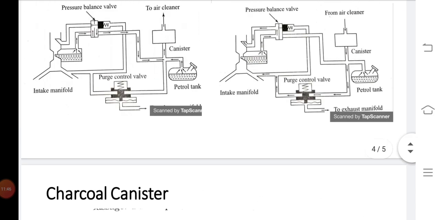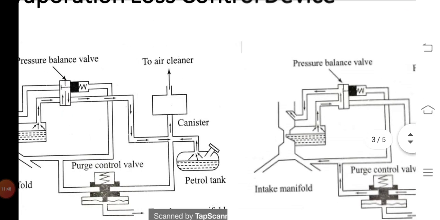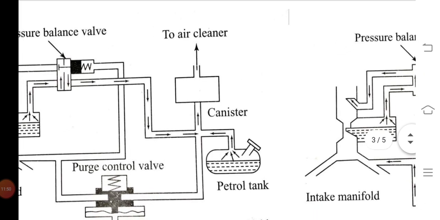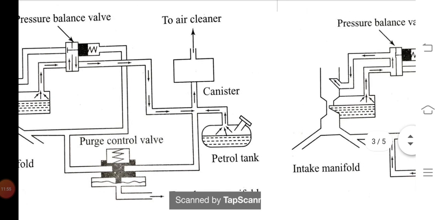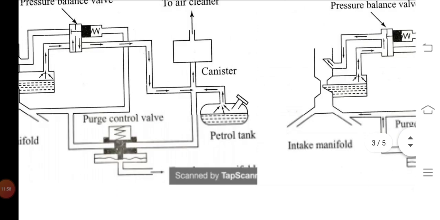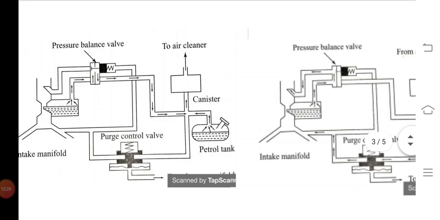Now charcoal canister, as I told you, this is the canister, and the purpose of this canister is to absorb the fuel vapor into the canister, and as per the criteria of the device, when the engine is running, that fuel can be drawn to the intake manifold as per the desired condition.